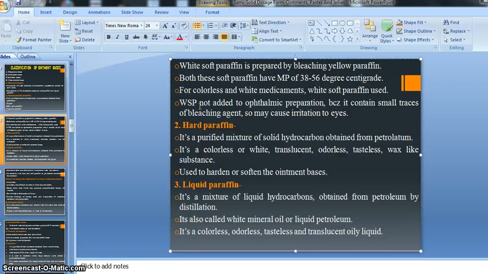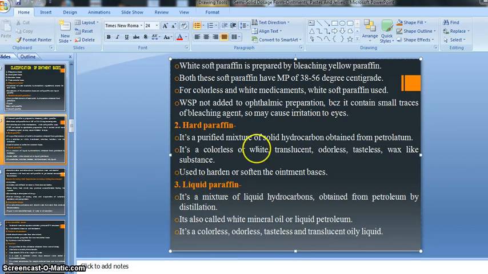Otherwise, yellow soft paraffin. Why is it named yellow? Because its appearance looks like a yellow color, that's why it's called yellow soft paraffin. And white soft paraffin, because it has a white color, that's why it's called white soft paraffin.